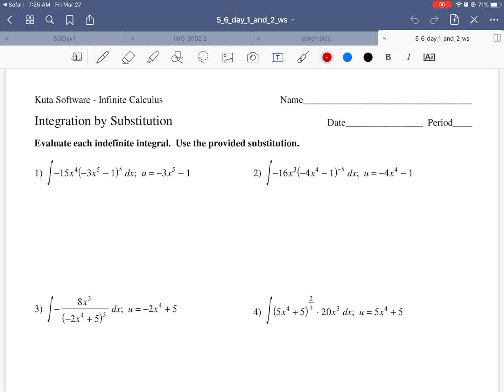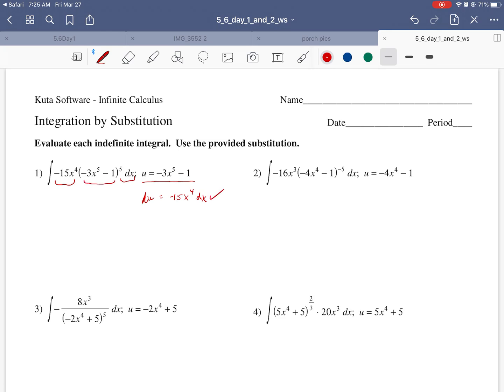So the first page of this worksheet, they have this additional term here. Right after the semicolon, it tells us what u is. So basically they're telling us what the inside function is, and that's our starting point. So if u is negative 3x to the 5th minus 1, du, the derivative is then negative 15x to the 4th dx.